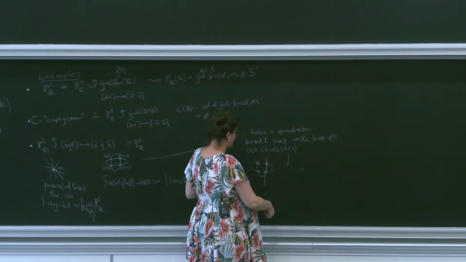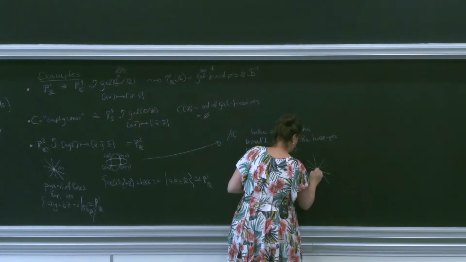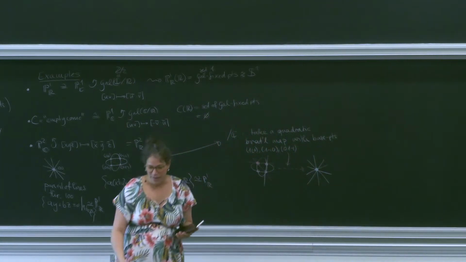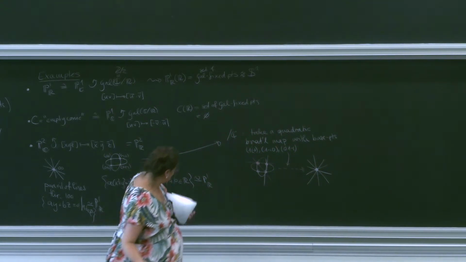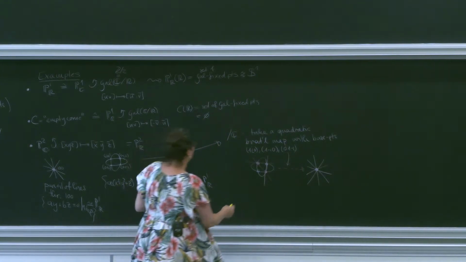They're just going to be general lines. So what I send it to is a pencil of lines. Okay. So this is my, green and red are not good. I'll take yellow.